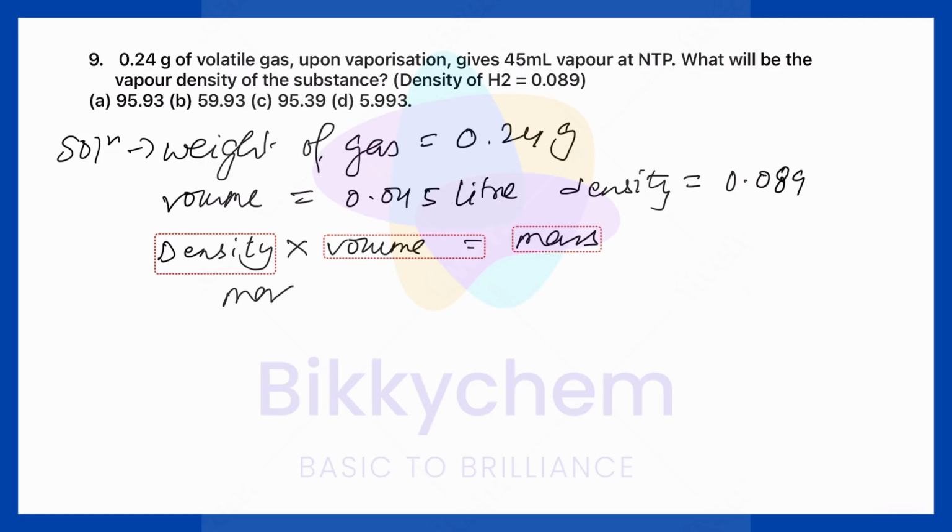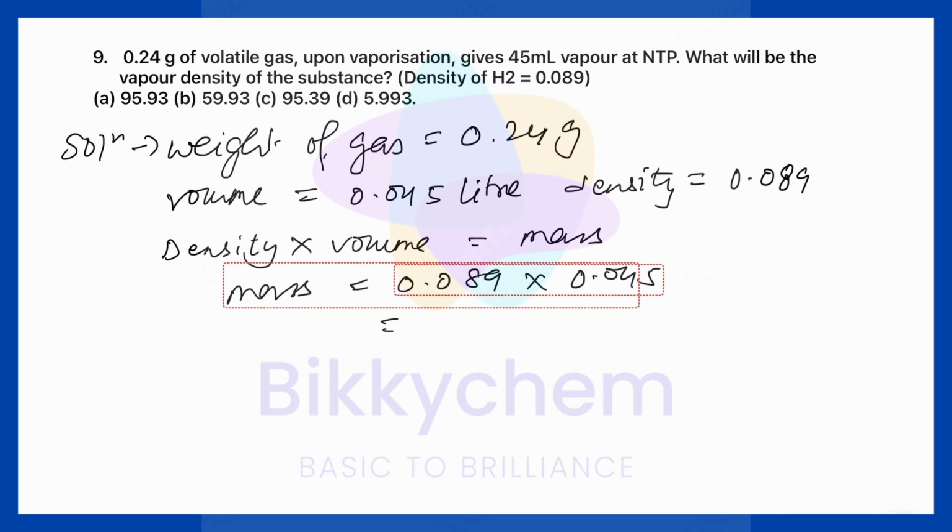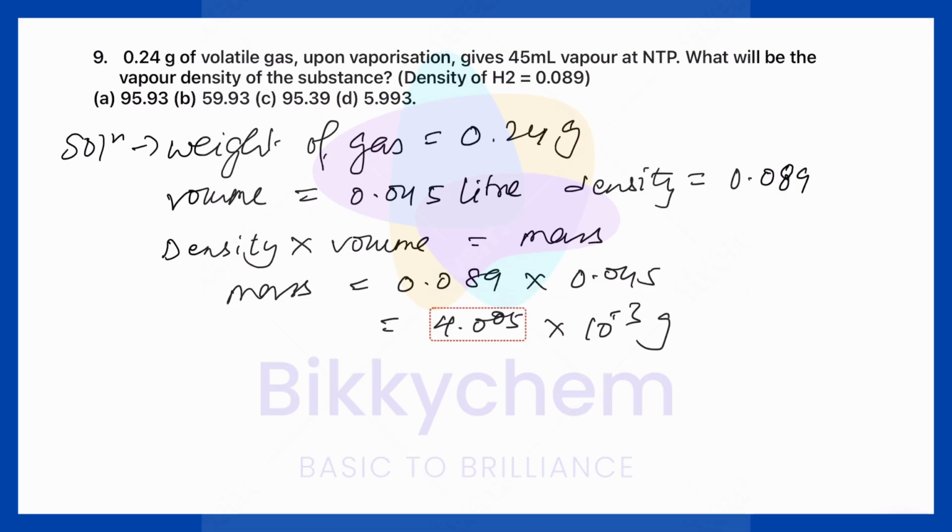So mass will be 0.089 into 0.045 liter equals to 4.005 into 10 to the power minus 3 gram.